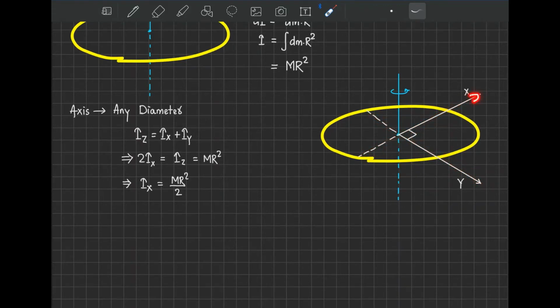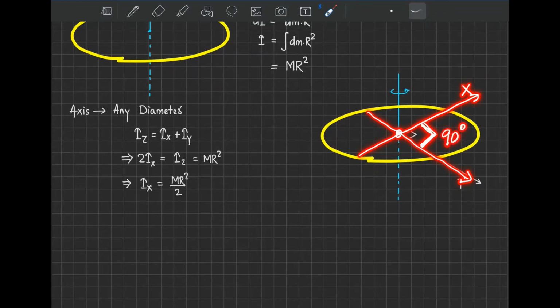Let's say we choose one axis like this and another diametrical axis that is perpendicular to the first one. Both are in the plane of the ring, passing through the center along the plane of the ring. We are choosing two axes with 90 degrees between them.